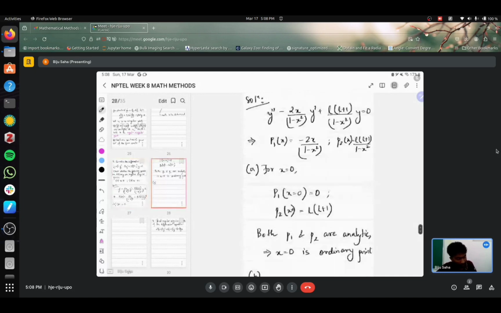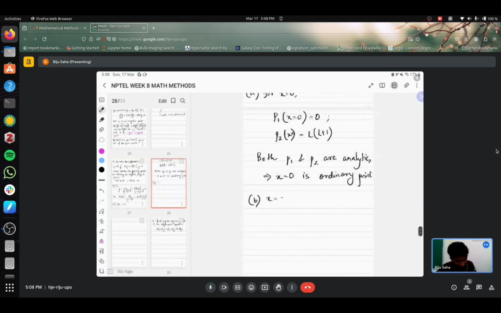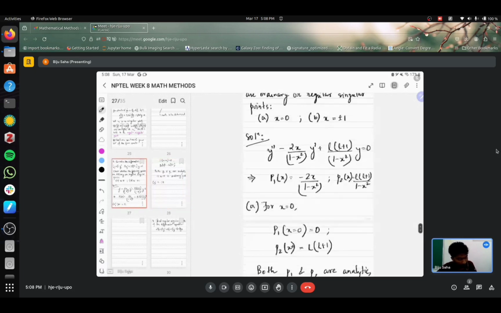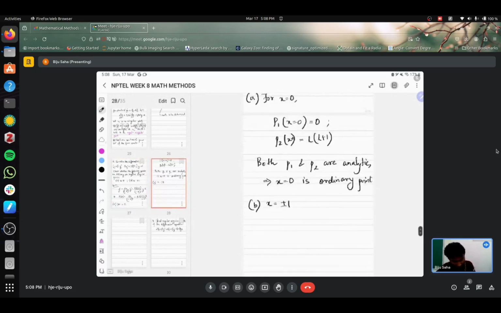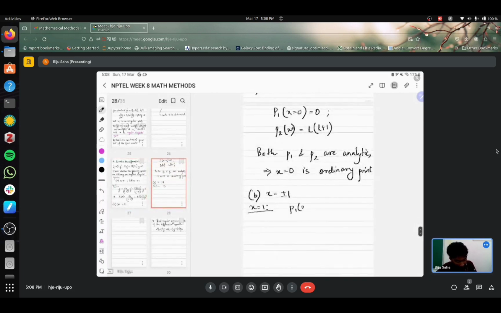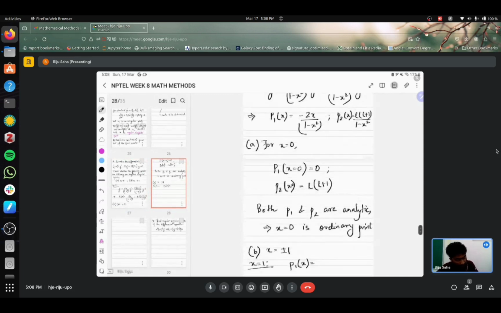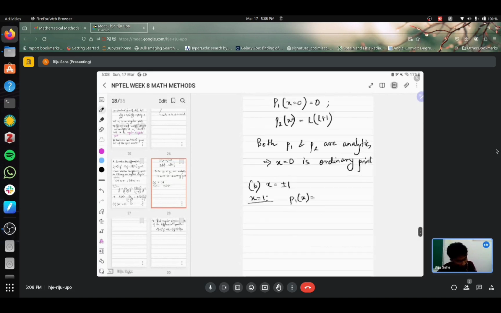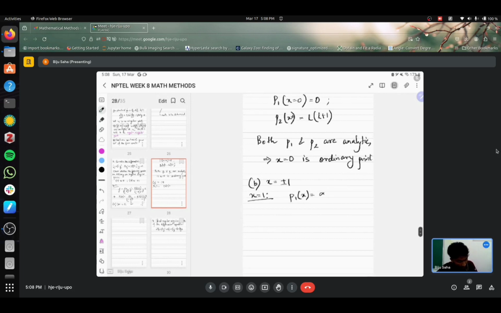Now the next points are x equal to plus minus 1. Let us first look at the x equal to 1 case. In that case, we see that if we put x equal to 1 here, and also at x equal to minus 1 here, in both cases P1(x) becomes infinity, so both of them diverge.